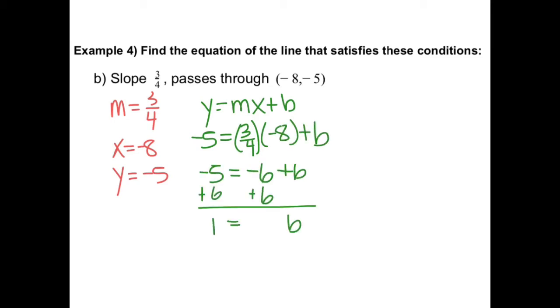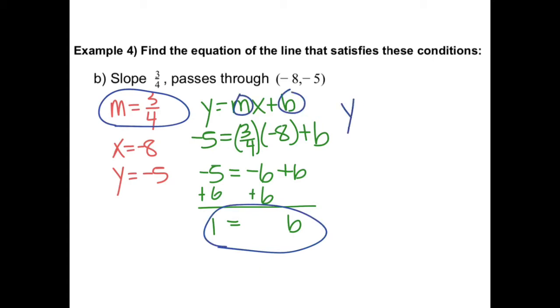So when I solve for b, I get b equals 1, and remember that I need my m, which is 3/4, and my b to plug in for m and b in my final equation, so y equals 3/4 x plus 1.